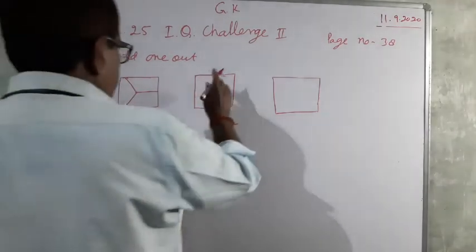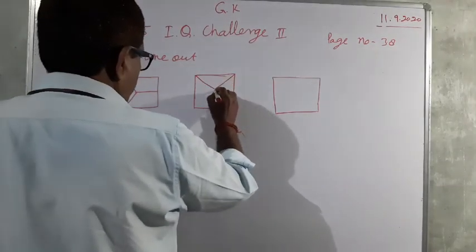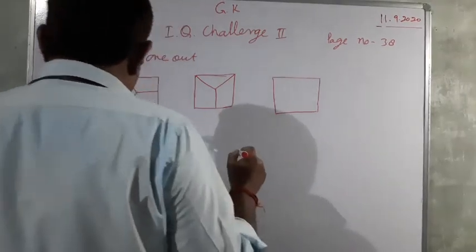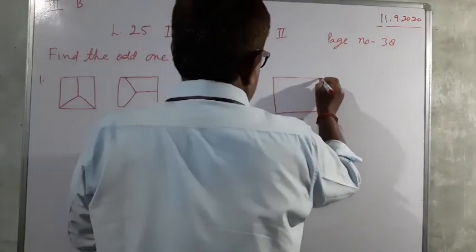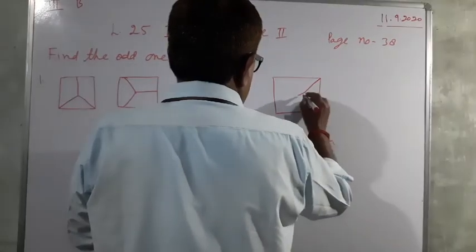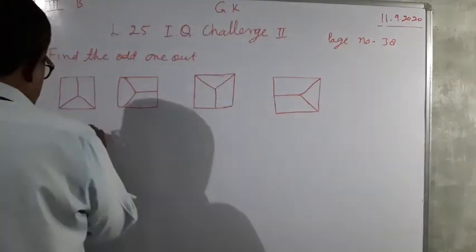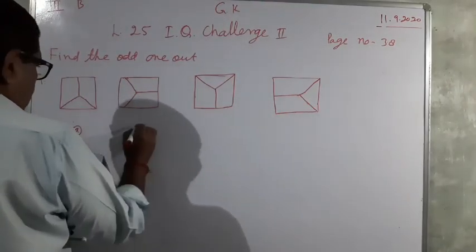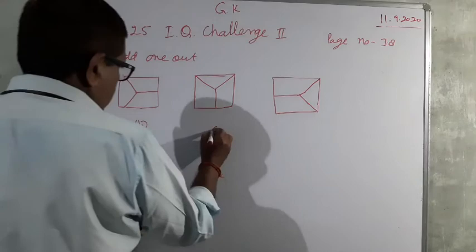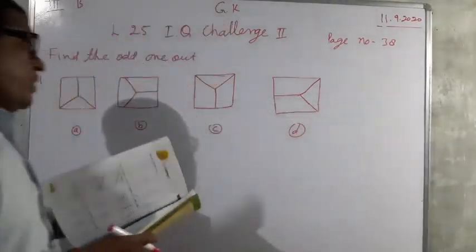Now third, next, this is also coming from the corners. And fourth, you see here, so here this is A, B, C and D. Which one is odd?